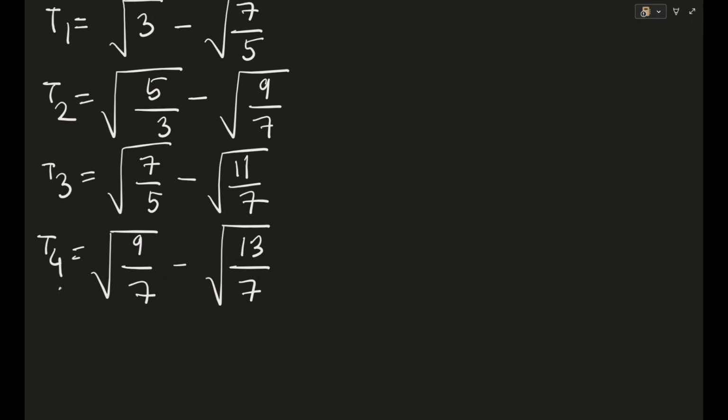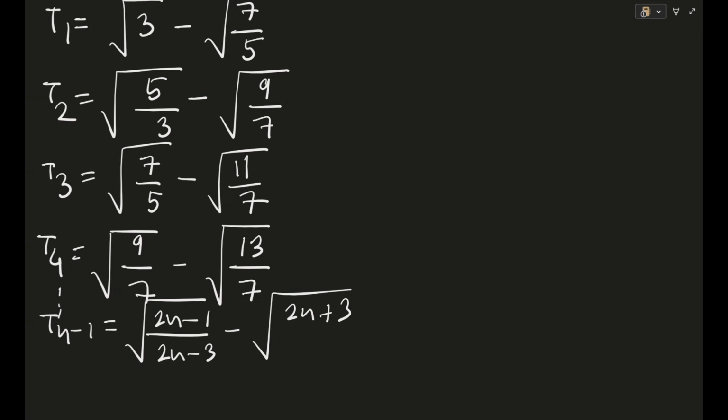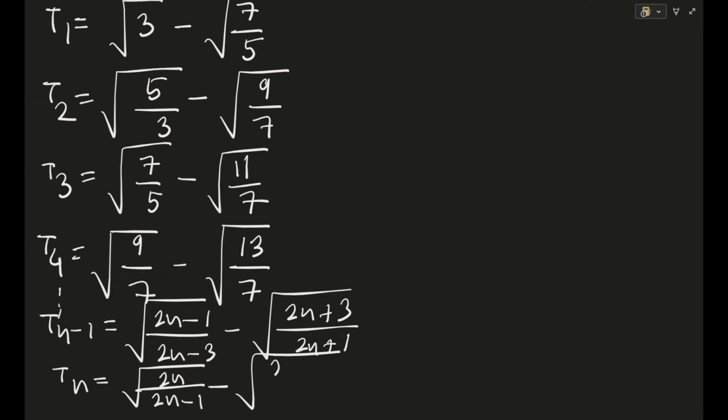And likewise, your Tn minus 1 will come out to be root 2n minus 1 by 2n minus 3 minus of root 2n plus 3 by 2n plus 1. And obviously Tn would come out to be root under of 2n by 2n minus 1 minus of root 2n plus 5 by 2n plus 3.